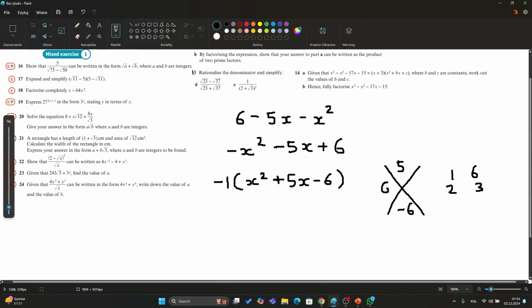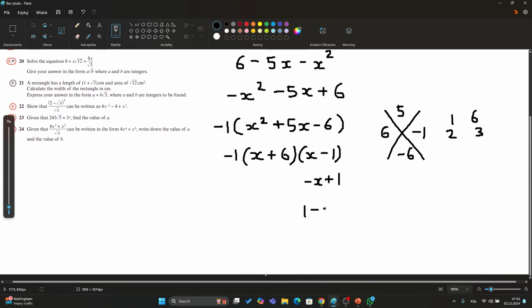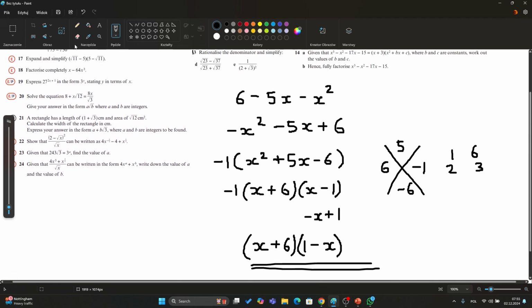This will be 6 and minus 1. So x plus 6, x minus 1. So I would invert the x minus 1 to give us minus x plus 1, which can be written as 1 minus x. And this is the following expression.